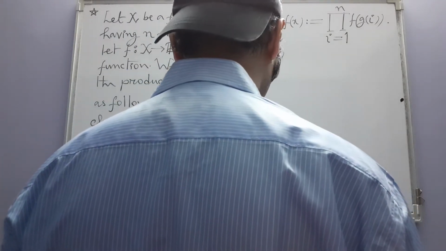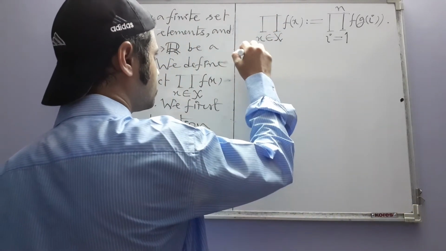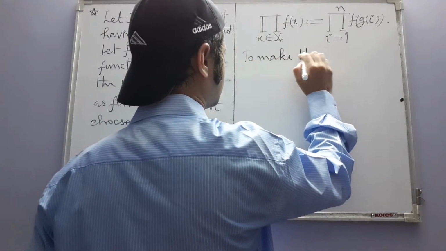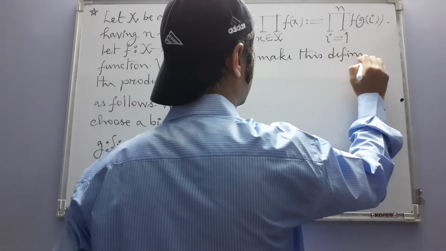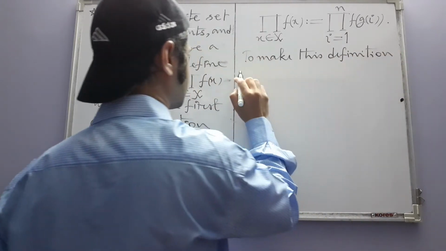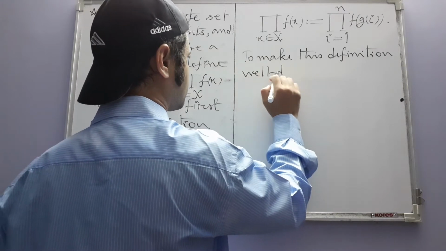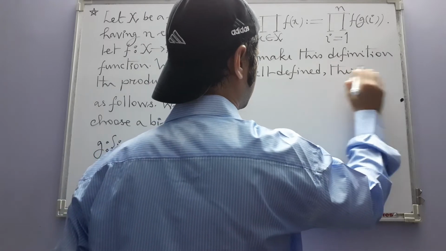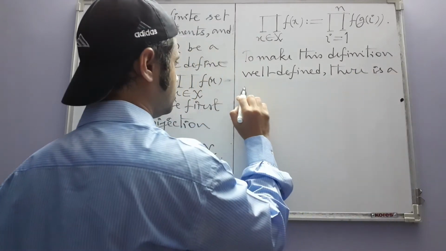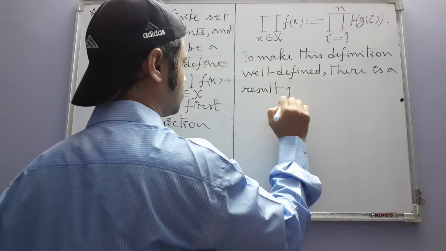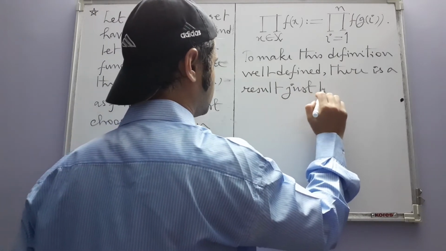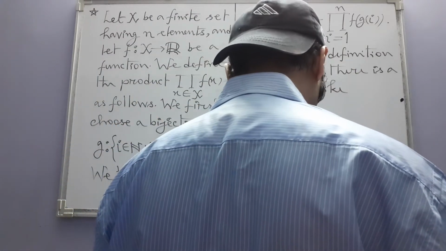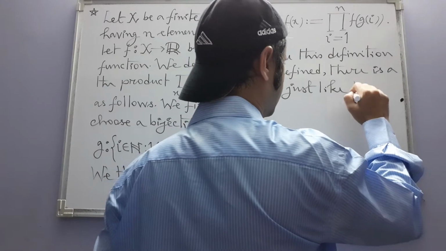So we write like this: to make this definition well defined, there is a result, just like what was the corresponding result for sums, proposition 7.1.8.